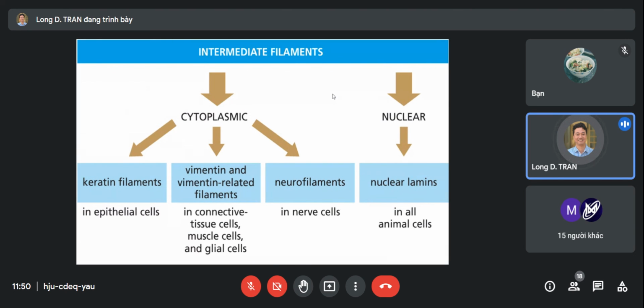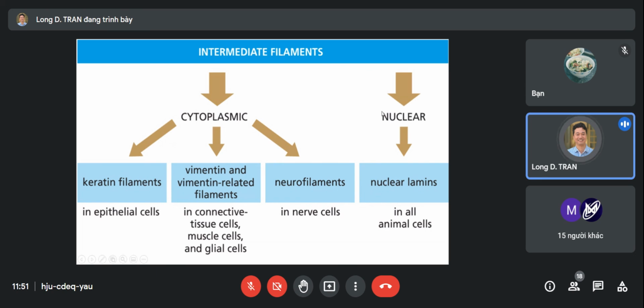In terms of classification, there are several classification systems. They can be divided into two parts. One is the nuclear intermediate filament, where we have nuclear lamins, which form the lamina under the nuclear envelope, and then we have the cytoplasmic intermediate filaments.